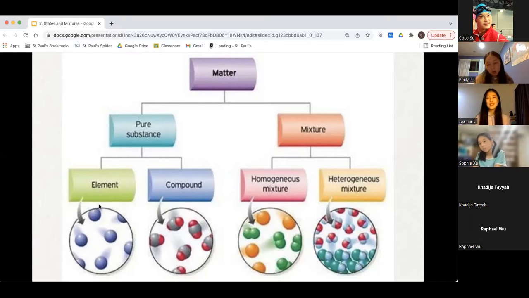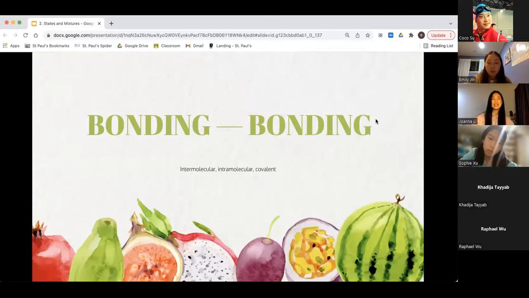You're just chopping up the fruit into really tiny pieces and blending it with something else, so you're not actually changing what the fruit itself is. So technically yes, but there's no change of state involved. Cool. Next slide, we'll jump into bonding.